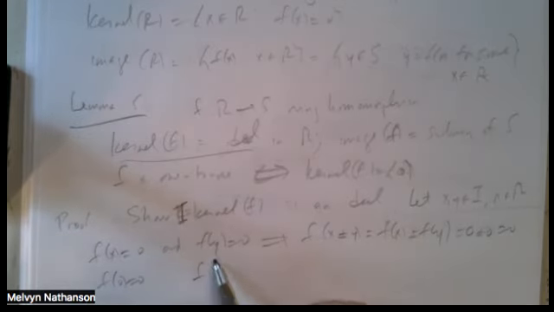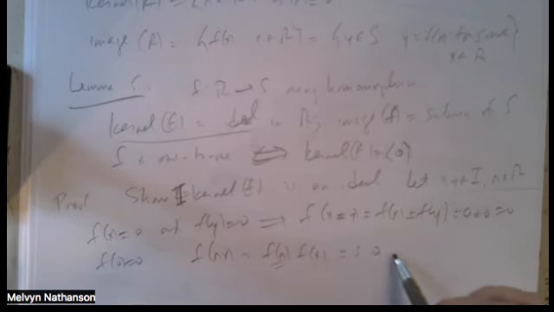If I take F of R times X, X is in the ideal and R is in the ring. Because F is a homomorphism, this is F of R times F of X. F of R is some element in S, whatever it might be, but X is in the kernel, so F of X is 0, and anything times 0 is 0.